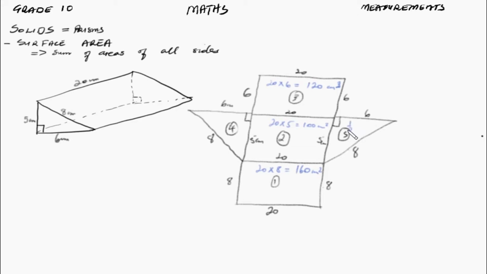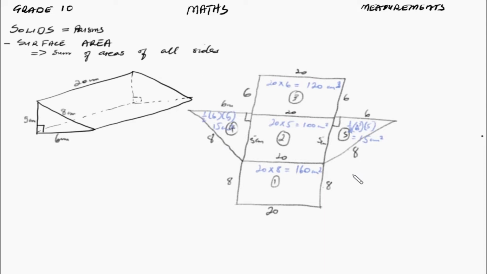The base and the height should be perpendicular, so we are going to use 5 and 6. Half times 6 times 5 would give us 15 centimeters squared, because this into this goes 3 times. 3 times 5 is 15. So even here we have half base by height, which is half of 6 by 5. So we're still going to have 15 centimeters squared.